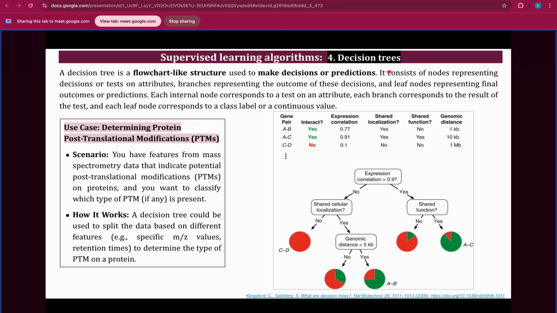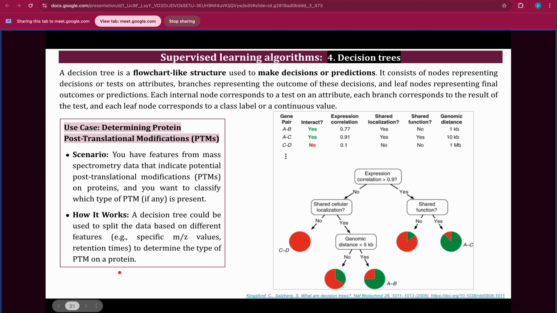So this is about decision trees, which help you make decisions or predictions on the basis of already available data. An example is determining protein post translational modifications. For example, if you have feature information from mass spectrometry data which tells you about potential post translational modifications on proteins, and you want to classify which type of PTM is present, then you can design a decision tree which will split the data into different features such as specific mass to charge values and retention times, and determine the type of PTMs on the protein.